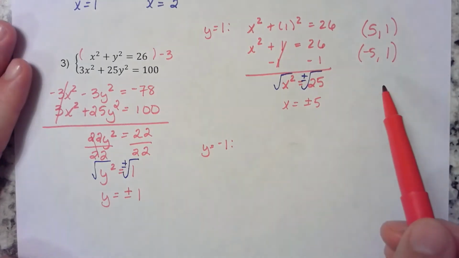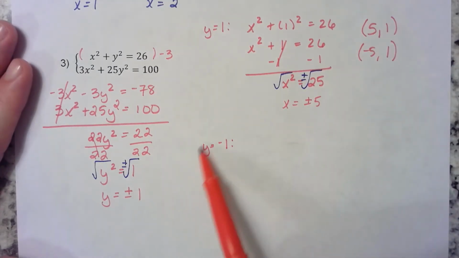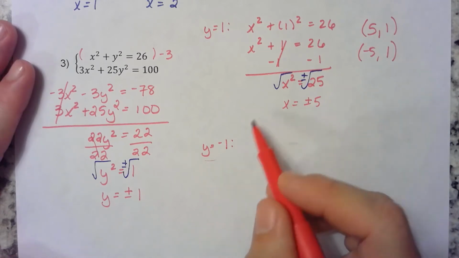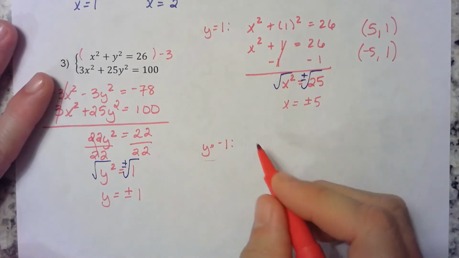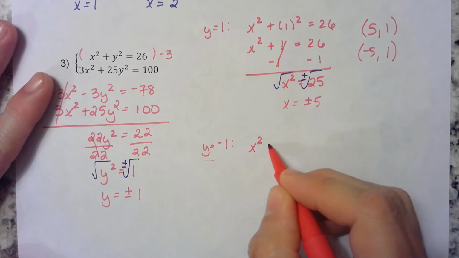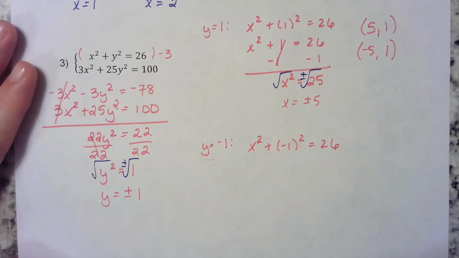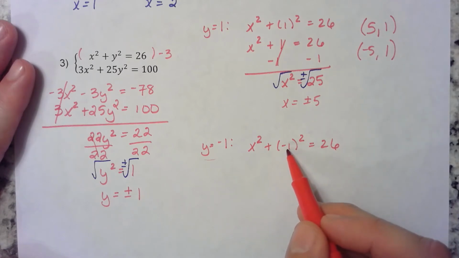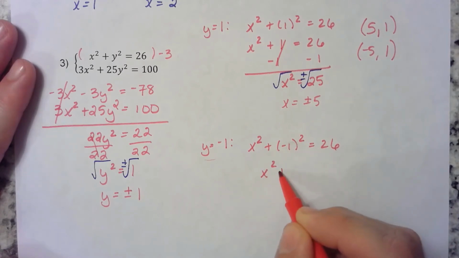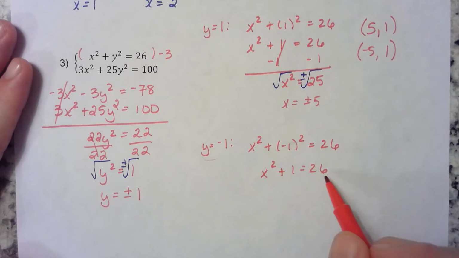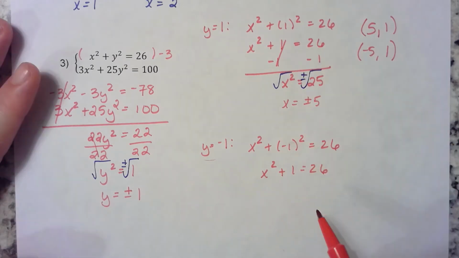So plug in negative 1 for y. We'll have x squared plus negative 1 squared equals 26. Well, when you square negative 1, you also get a positive 1. So this is actually just like the one before, right? You could stop here. If you wanted to, you could stop there.